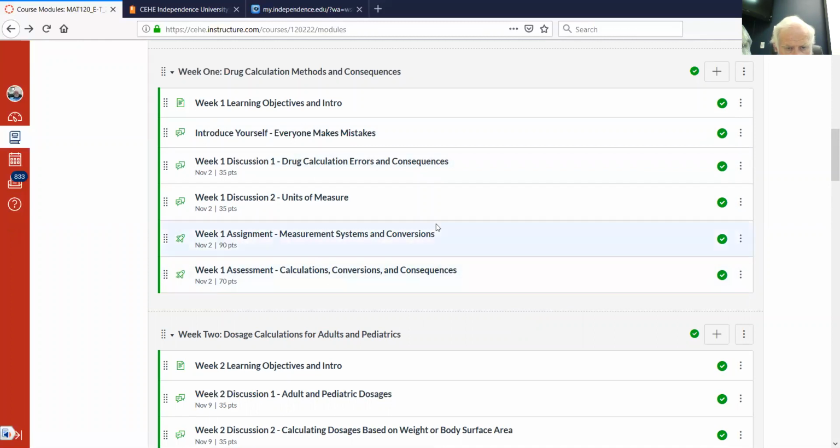I will attempt to get some documents to you to help with many of these calculations. There's a lot of material that I have and that I can pass on, and you're going to see a lot of it in the discussions.